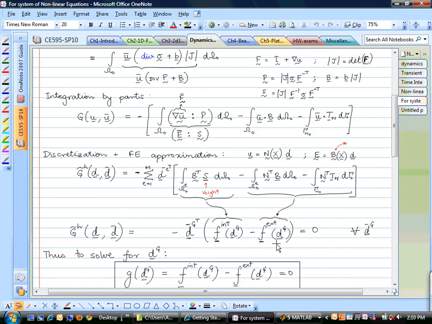In general, this external force can also be dependent on the deformation. Can somebody give me an example of what type of problem you would have when the external force, the applied force, depends upon your deformation? Sorry? Well, yeah, but that is internal force. The spring force is the internal force. I'm saying the applied load. The applied load also might depend upon the displacement.